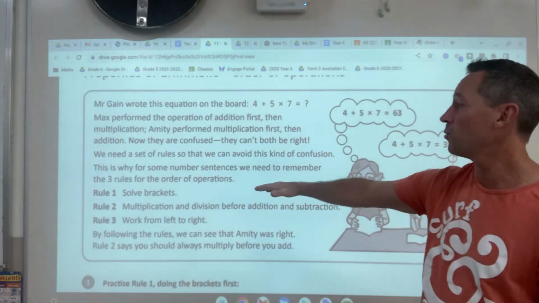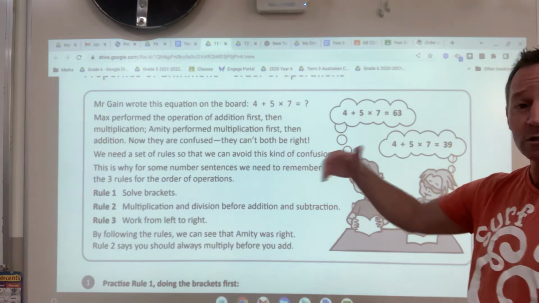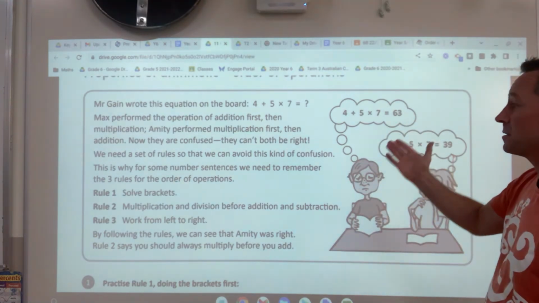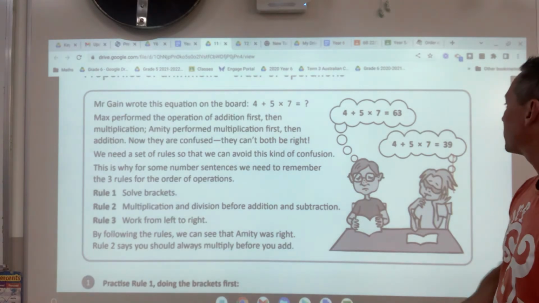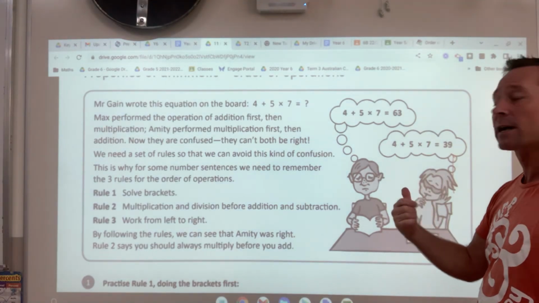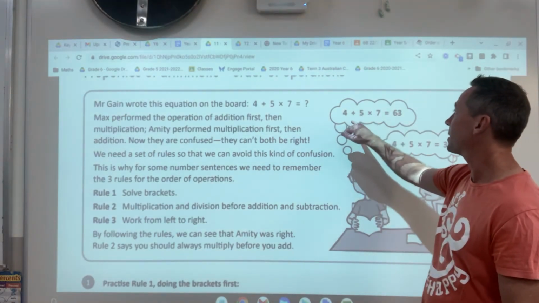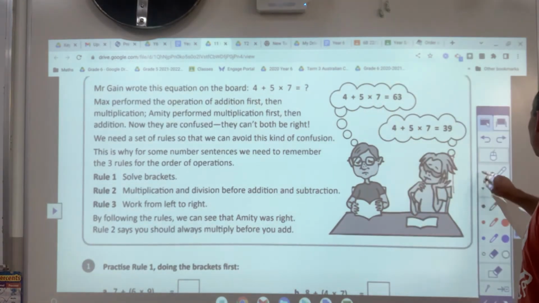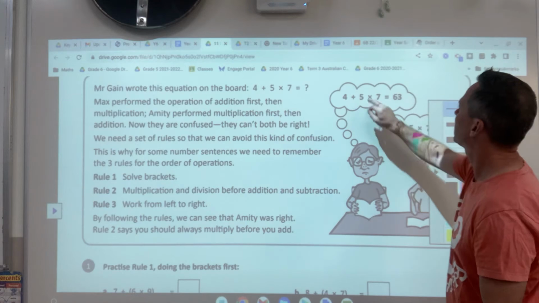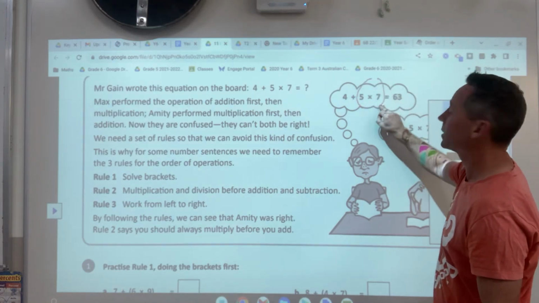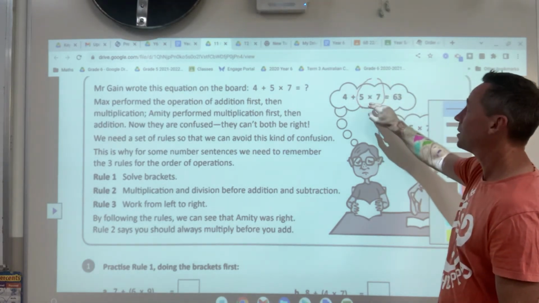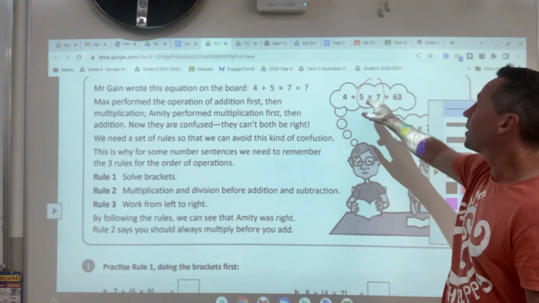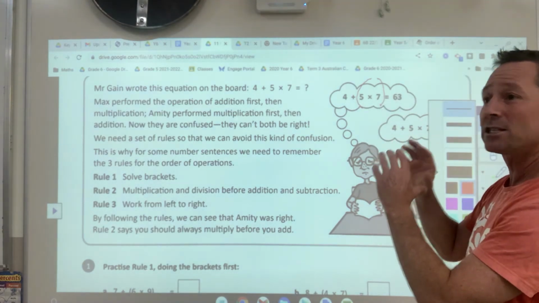Looking over here, rule 1, solve the brackets first. B for brackets. So, there's no brackets. You look at the orders, no orders. You look at the multiplication or division, whichever comes first. In this case, we've got 5 times 7, that's the one with the multiplication.